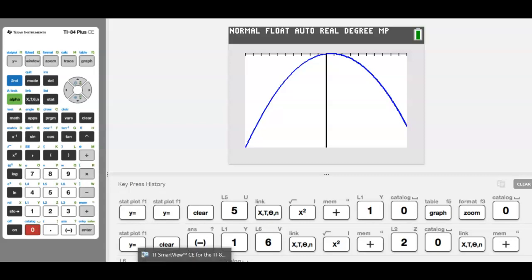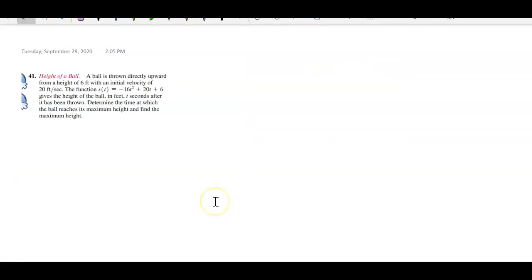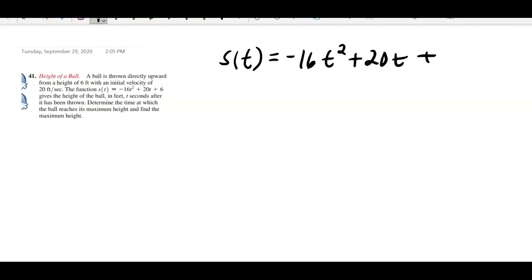I'm going to go back to the original screen, and we had s of t equals negative 16t squared plus 20t plus 6. We know our leading coefficient is negative 16, which is why we have a concave down or upside down U. So we'll have the top of the hill, so we'll have a maximum.